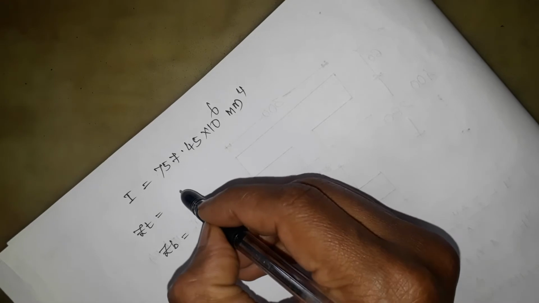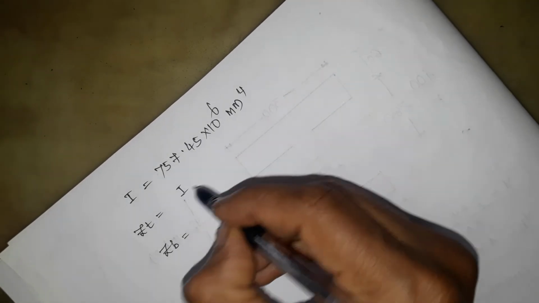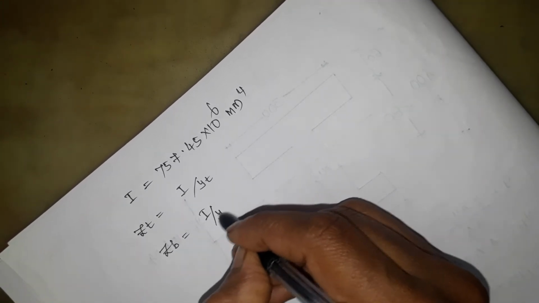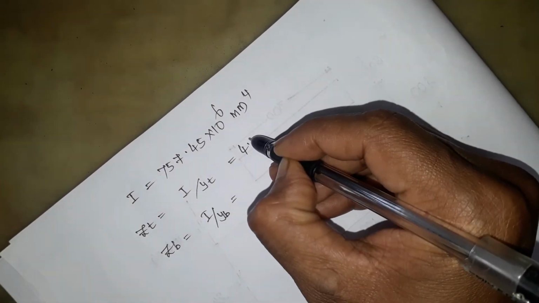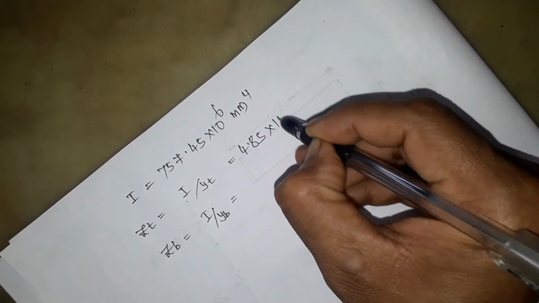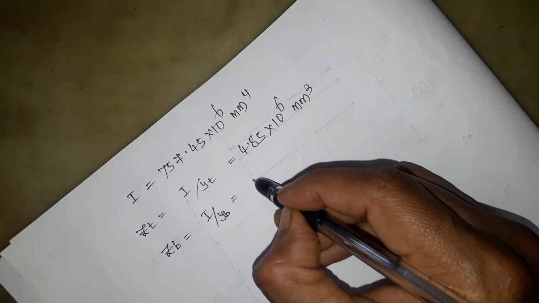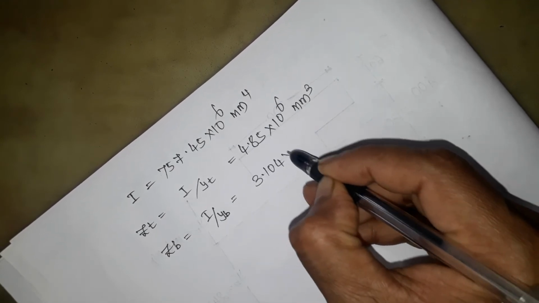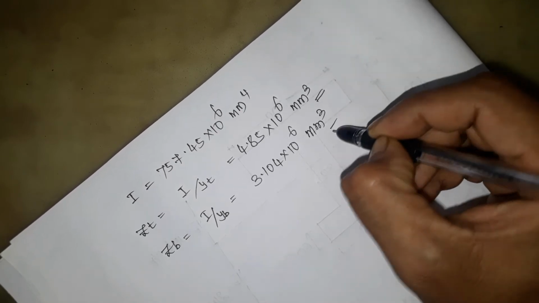For that we do I by YT for ZT, and I by YB for ZB. So we get these values: 4.85 into 10 to 6 mm cube, and 3.104 into 10 to 6 mm cube. So this is the basic requirement we have to calculate.